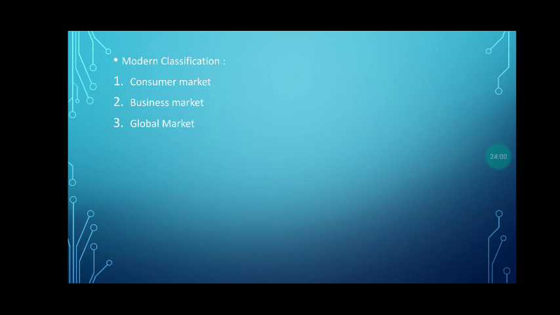The other and the last classification is global markets. The global market is the same as the international market, and it consists of global buyers and sellers all over the world. Brands like McDonald's, Pizza Hut, etc. are examples of organizations which have global reach and deal in the global market. In the global market you will find buyers and sellers all over the world.